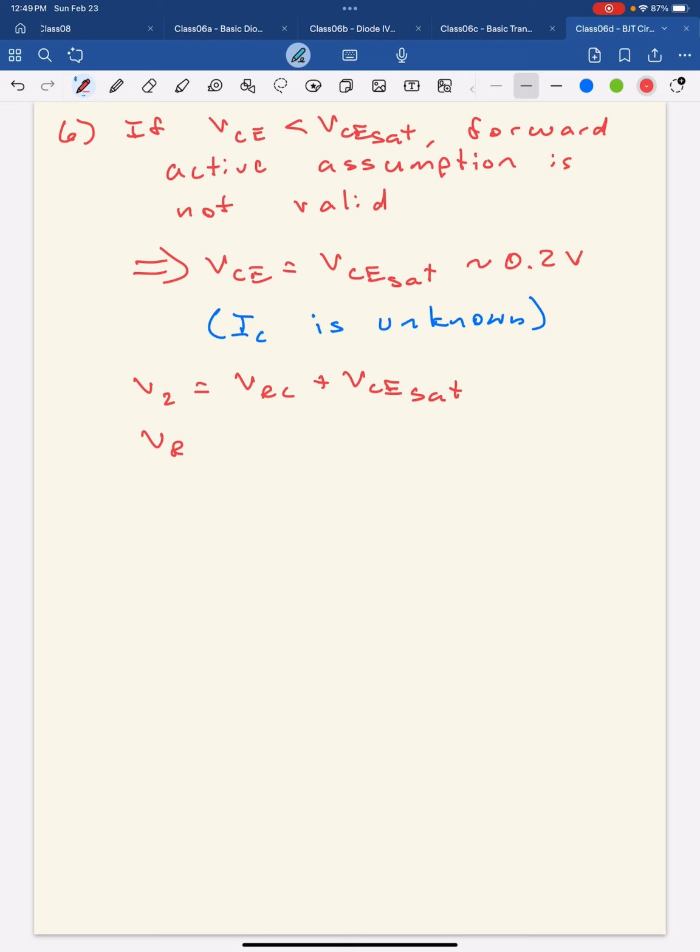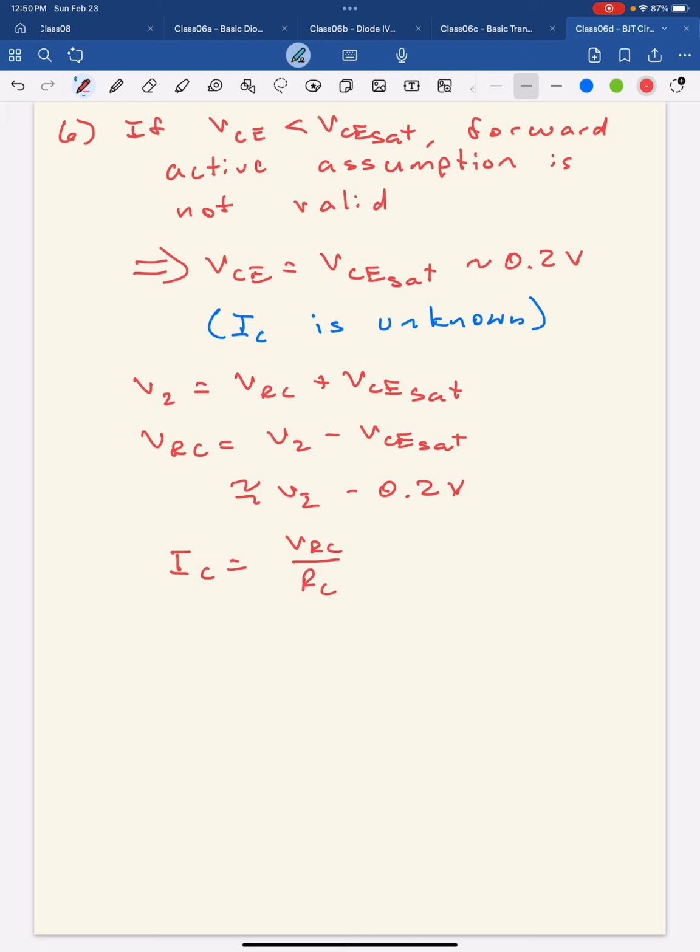So now we have VRC is just V2 minus VCE sat, or approximately whatever that source voltage is, minus 0.2 volts. And so with that in mind, we can go find our collector current using Ohm's law. Once we know the voltage across that resistor, we can just say IC is VRC over RC.